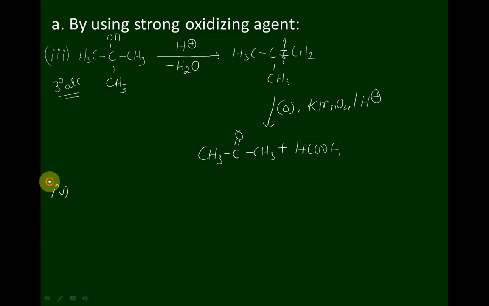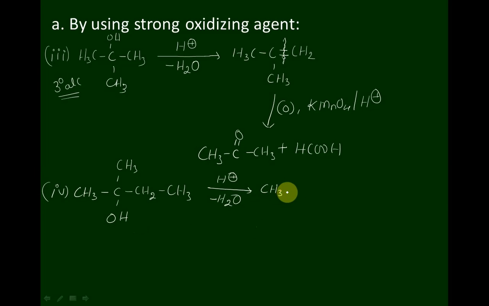Now complete this reaction. I will give one equation. For example, I have CH3, CH3, CH2, CH3, and this is OH. It is a tertiary alcohol, which does not undergo oxidation. Therefore, first it is treated with acid so that it undergoes a dehydration reaction to form CH3, CH3, double bond CH2, CH3.